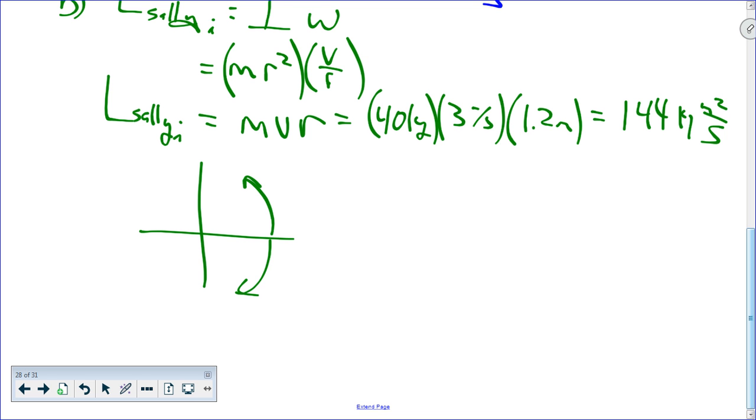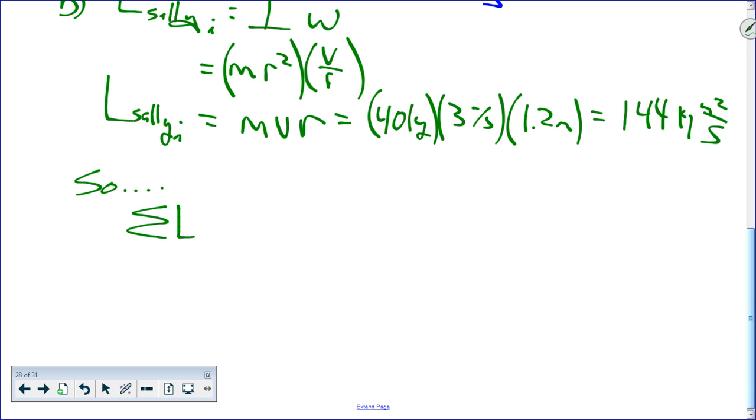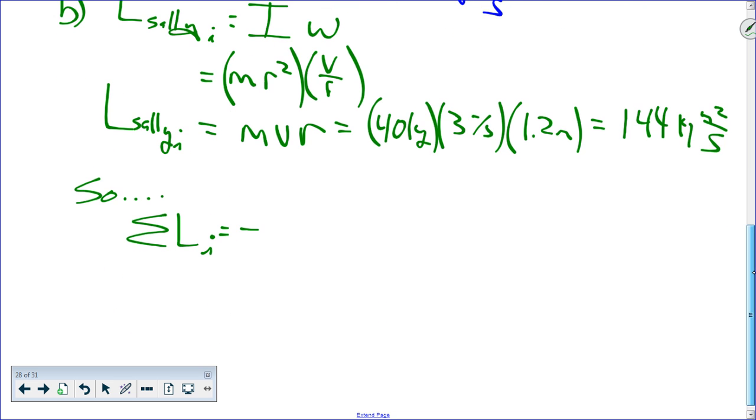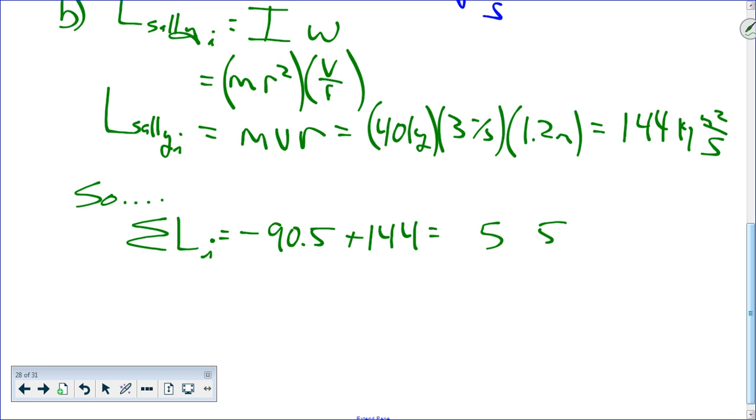Yeah, I know, that's annoying. So our total angular momentum before the interaction is negative 90.5 plus 144, which gives us 53.5 kilogram meters squared per second.